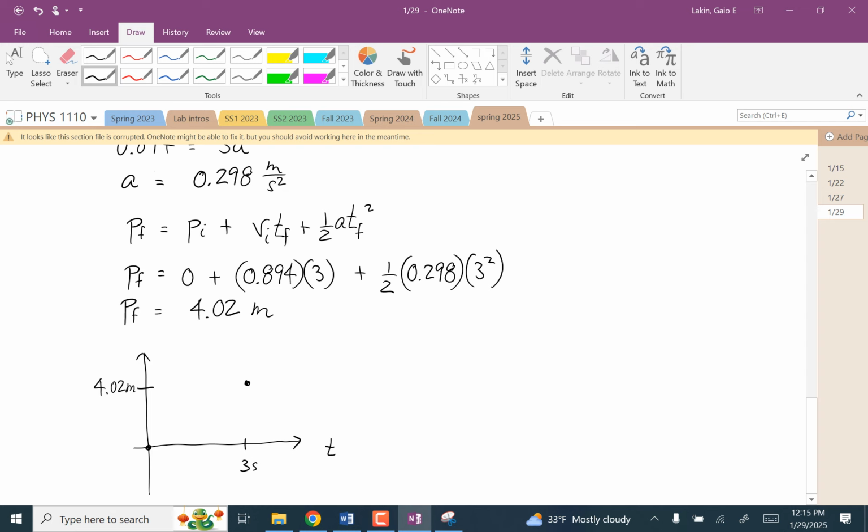Then we can also say, do we know anything about the slope at time equals 0? Remember, the slope represents the velocity, and we know that it's positive. So I can start it out with a shallower positive slope, and then give it a concave up shape like that, and it'll look something like this.